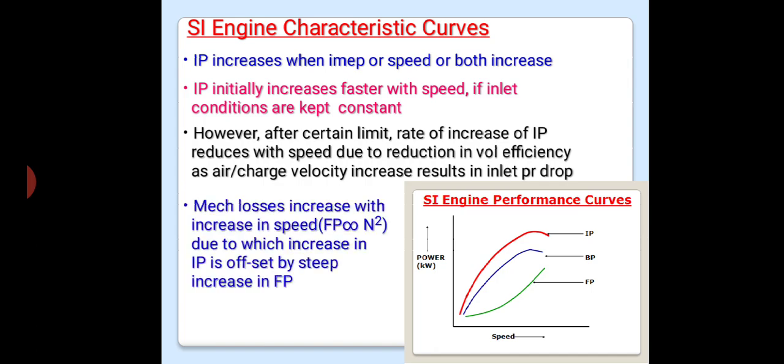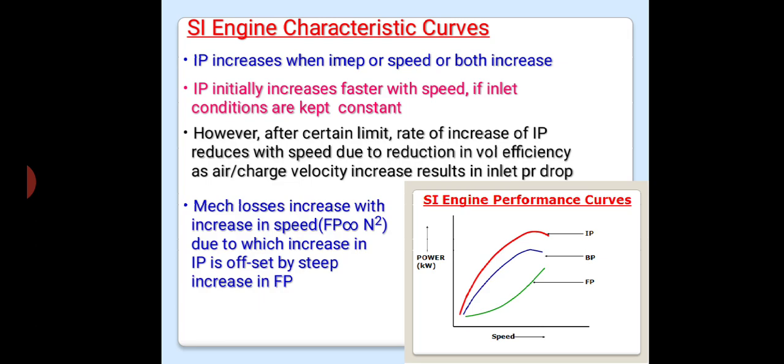As we have discussed, indicated power increases when indicated mean effective pressure or speed or both increase. Indicated power initially increases faster with speed if inlet conditions are kept constant.